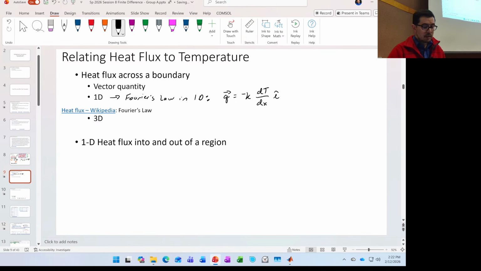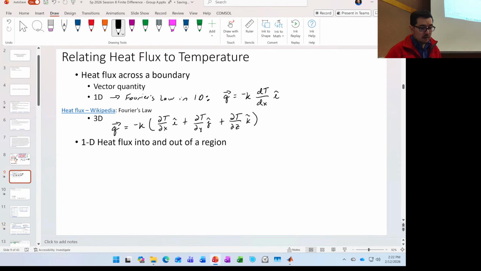In 3 dimensions, the heat flux q is given by a very similar looking equation, but instead of a definite derivative, we're going to use partial derivatives to describe the behavior.